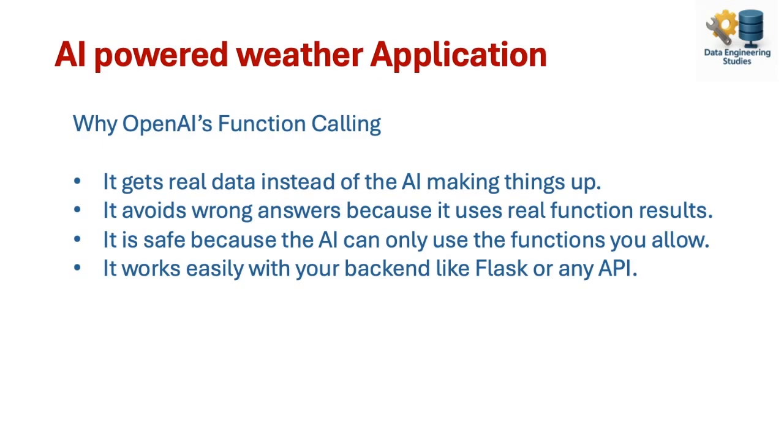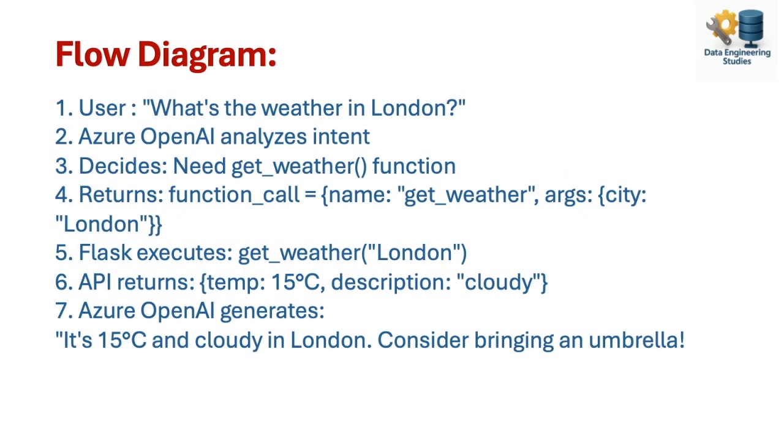Now let's talk about what exactly happens when a user interacts with the weather application. I'm going to break down each step so you can see how function calling works in practice. As a first step, the user asks a simple question, what is the weather in London? The user types this in our Flask interface and hits submit.